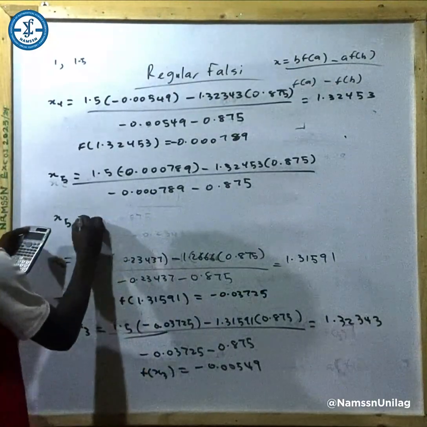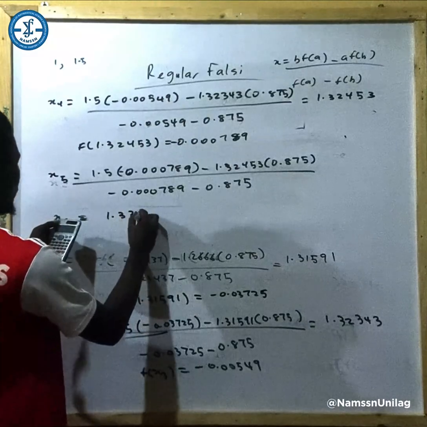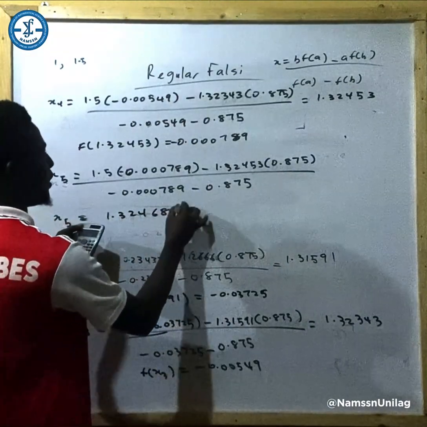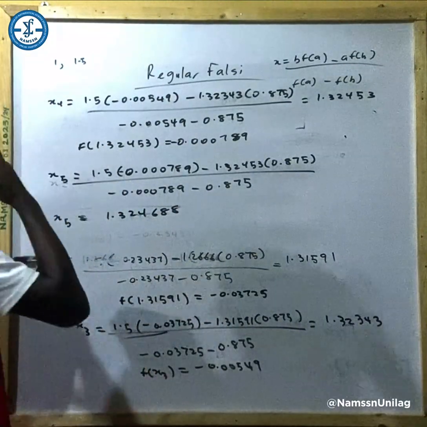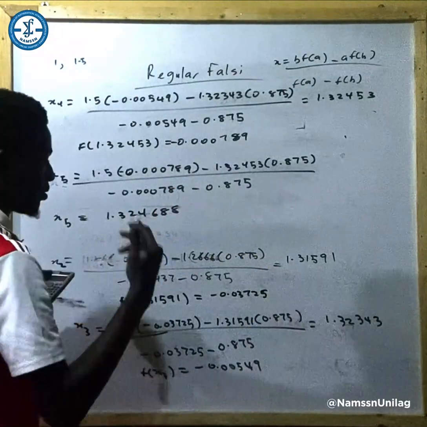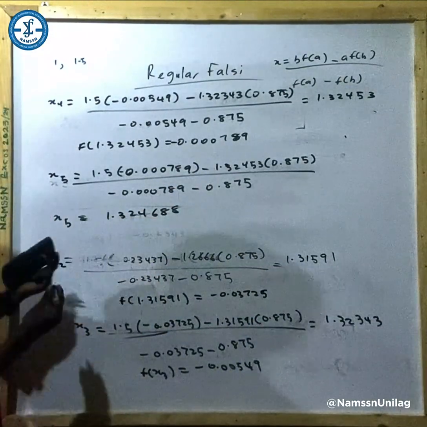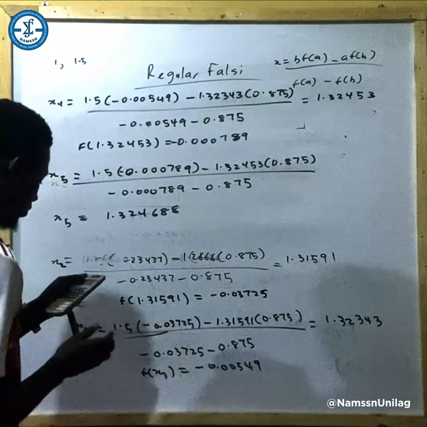Okay, good. So it gave us 1.324688. We're getting closer and closer to the answer we got before. So we have 1.324 already, so we can go again.